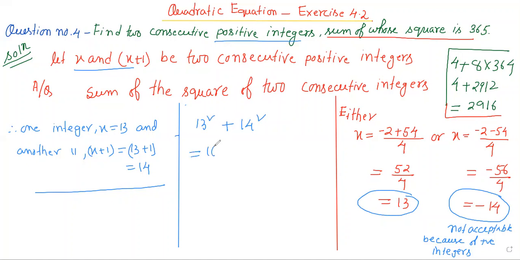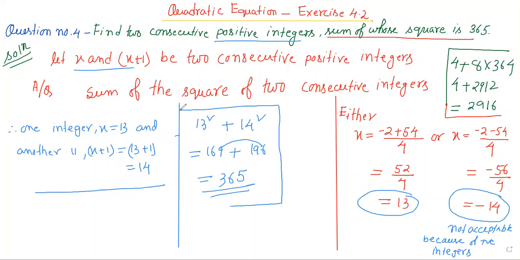Let's check. 13 square means 169. 14 square means 196. Now if we add, 9 plus 6, 15, carry 1; 6 plus 9 plus carry 1 is 16; carry 1 plus 1 is 2, carry 1, 3. So this is the verification. This is not part of the solution, but just to make you understand in a better way.